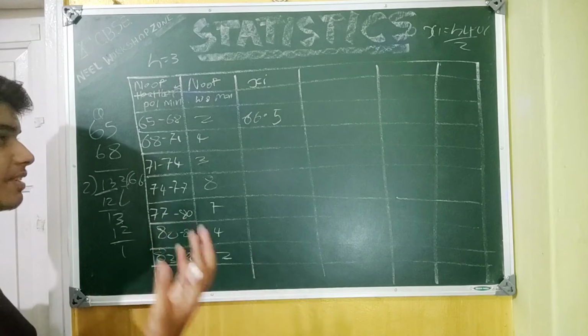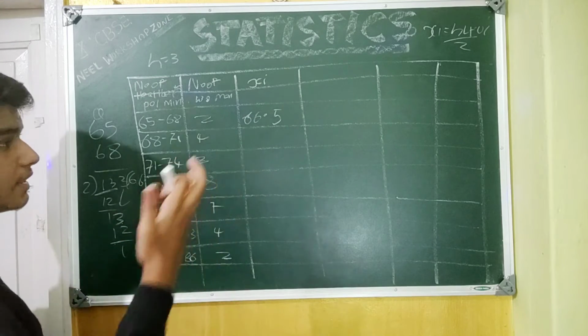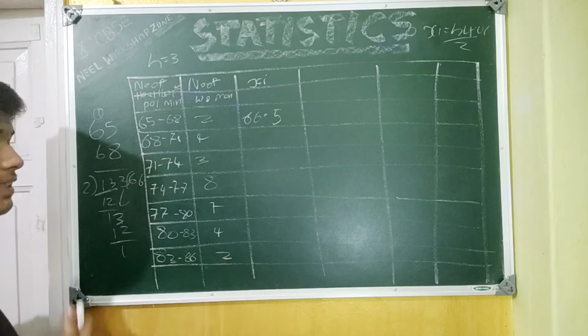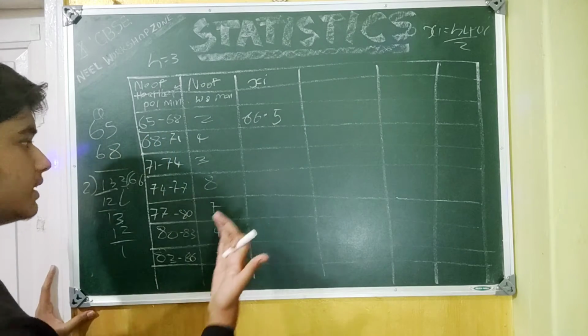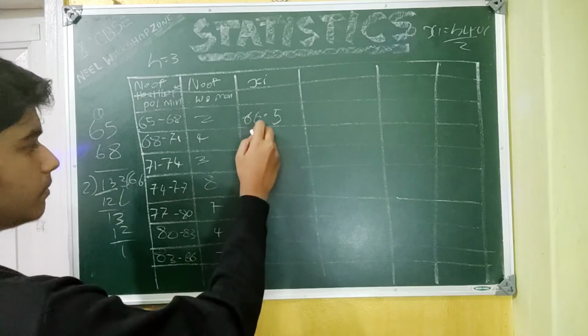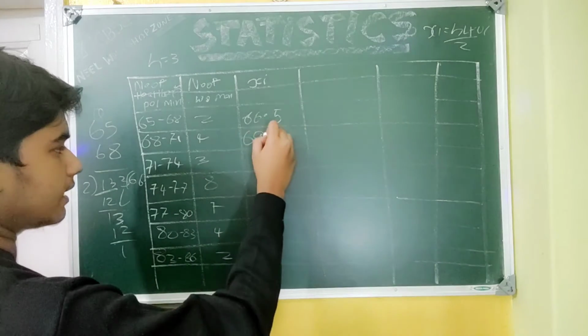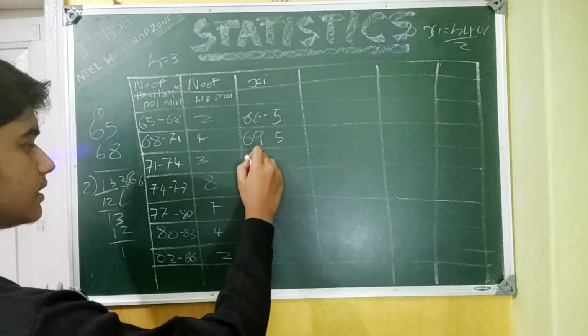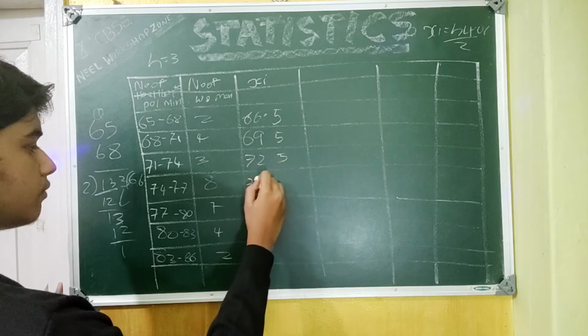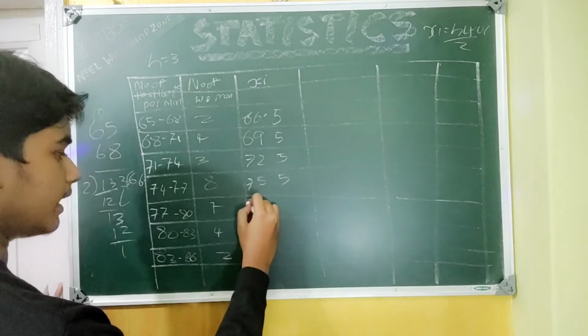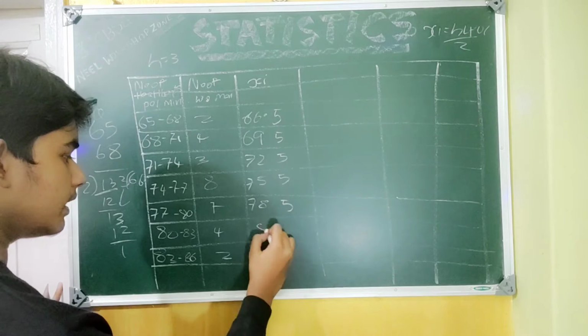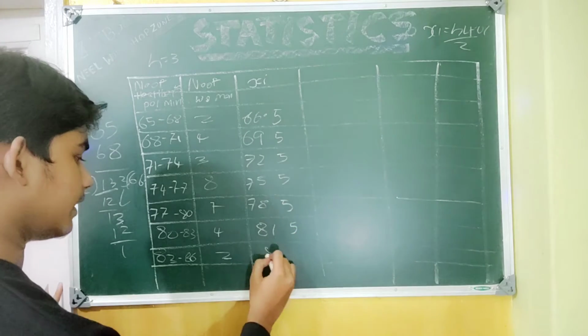Since h is equal to 3, the Hi value will also increase by 3 as it goes on. So for example, the next one will be 69.5, and then we have 72.5, 75.5, 78.5, 81.5, and 84.5.